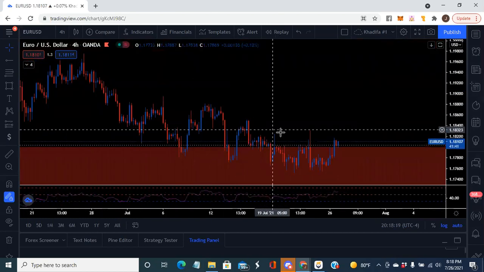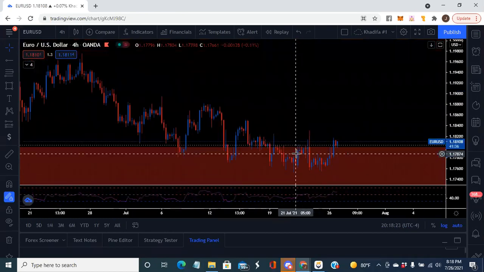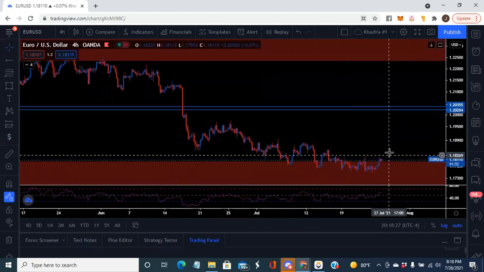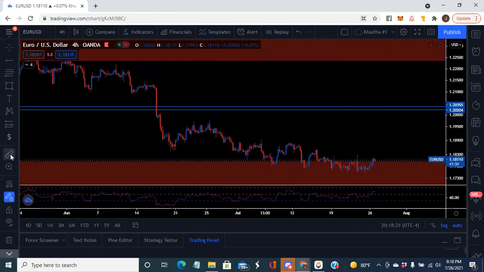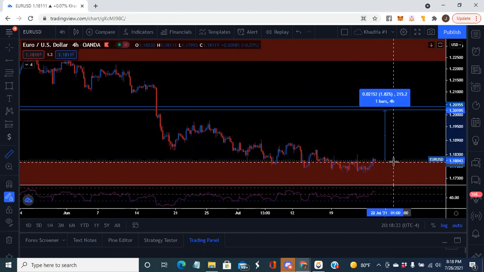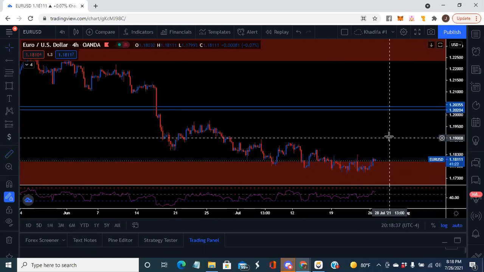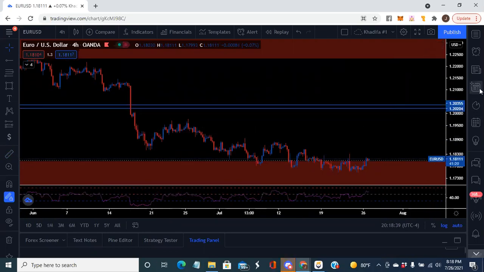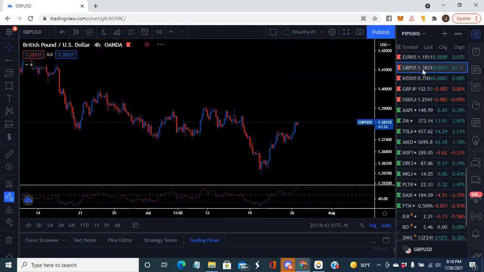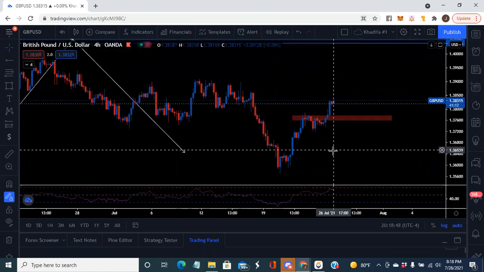We're in prime position because we're sitting right on top of this structure. So we could very well see Euro USD give us an opportunity for a 200 to 300 pip move this week. So keep your eyes on Euro USD.